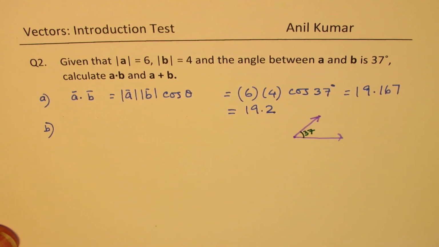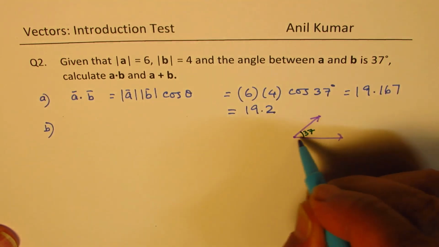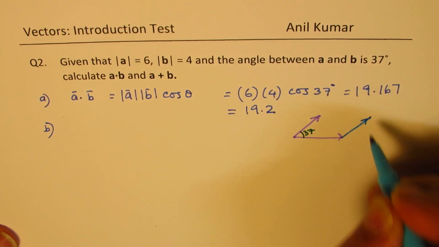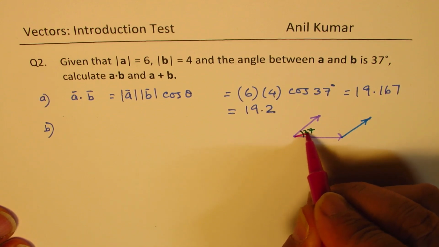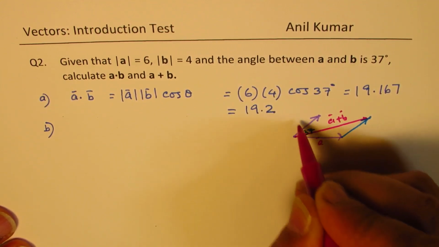But when you add the vectors, in that case, you draw a vector parallel to B here, right? And the resultant is the sum. So A plus B is this vector. That is A plus B. Clear? If this is A, this is B.